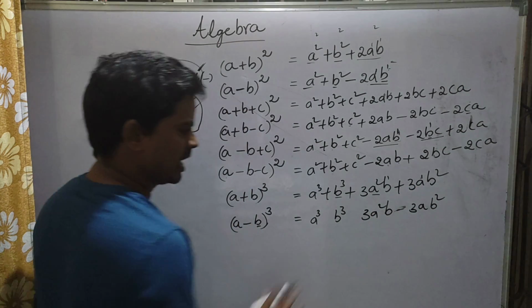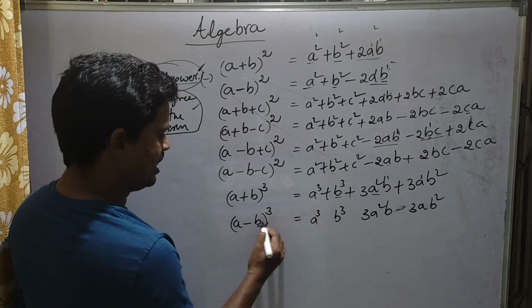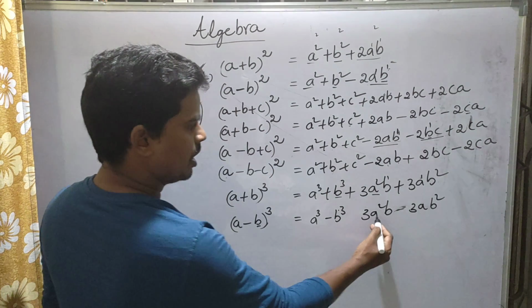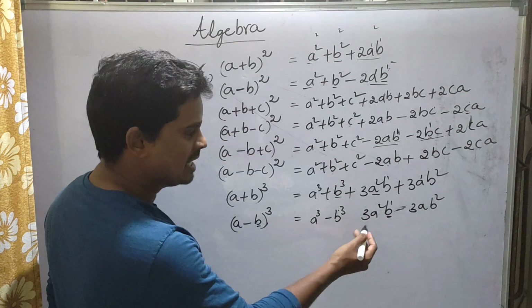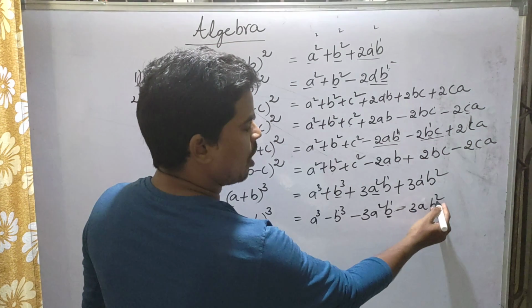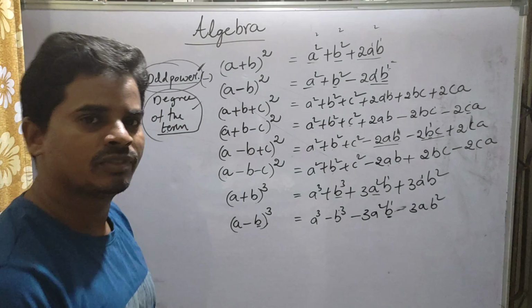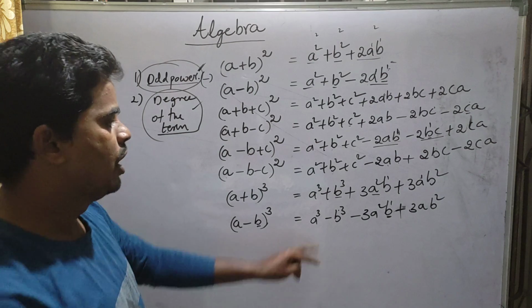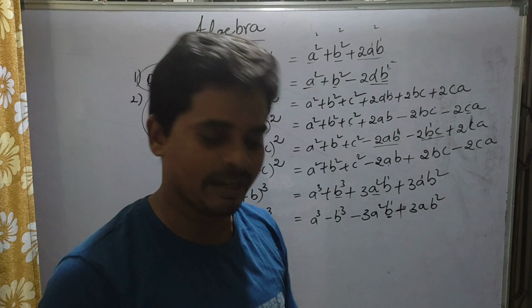These are the terms in the expansion. b cube is odd power, so minus. Here b has power 1, that means negative, so minus. b has power 2, even number, so it is plus only. So a cube minus b cube minus 3a square b plus 3ab square.